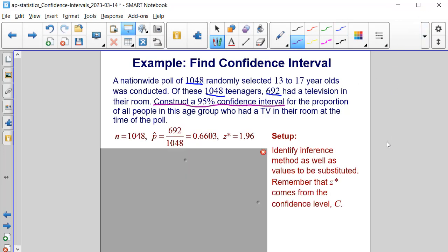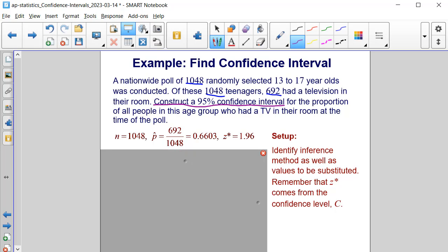The next part of our setup is to identify the inference method as well as the values that are going to be substituted into our formula. So we have to determine the formula to use and then get ready to substitute our values. And remember that the z asterisk comes from the confidence level C that corresponds to the z-score.